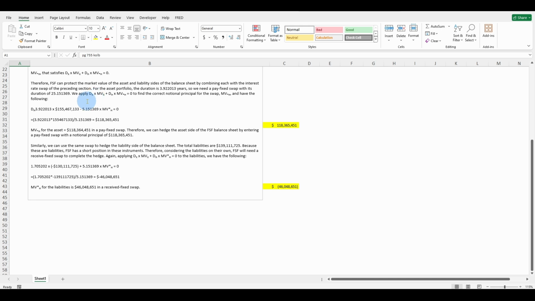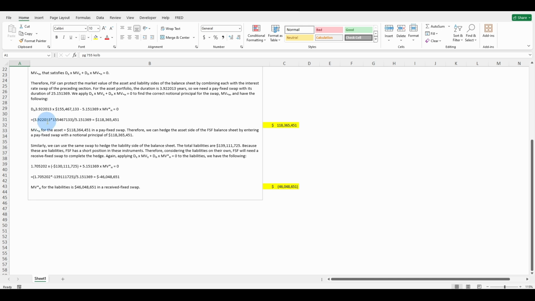For the asset portfolio, the duration is 3.92 years, so we need a pay fixed swap with its duration of negative 5.15. We apply D_X times MV_X plus D_H times MV_H equals 0 to find the correct notional principal for the swap, MV_H, and have the following: 3.92 times 155,467,133 minus 5.15 times MV_H equals 0.